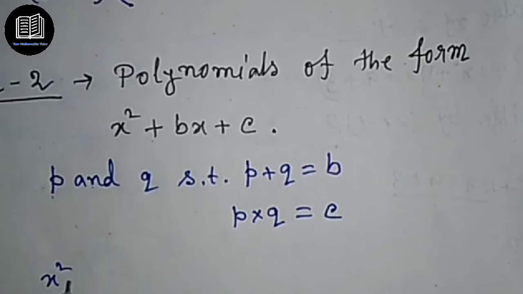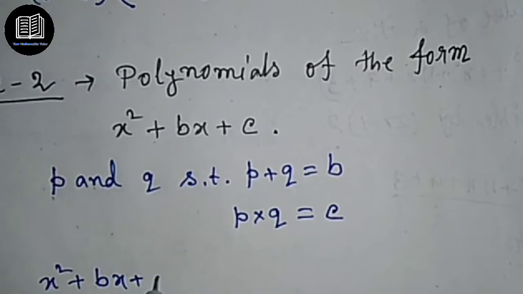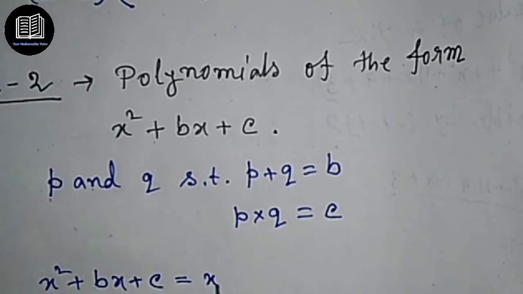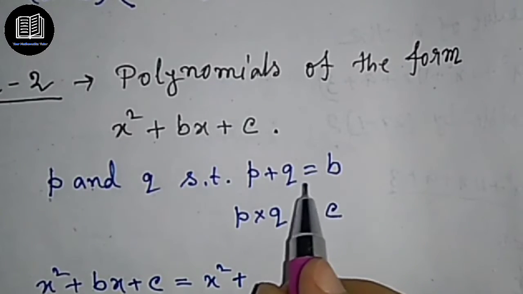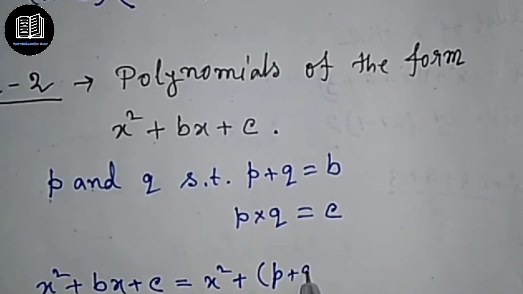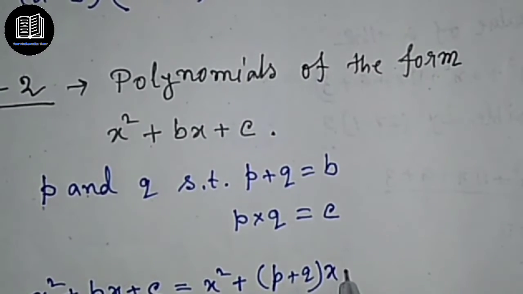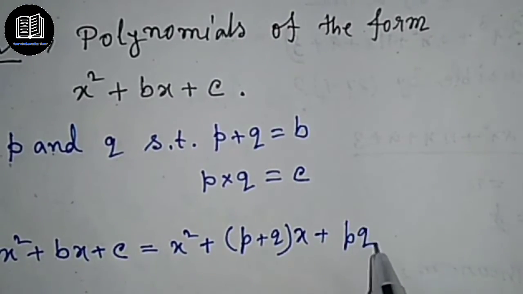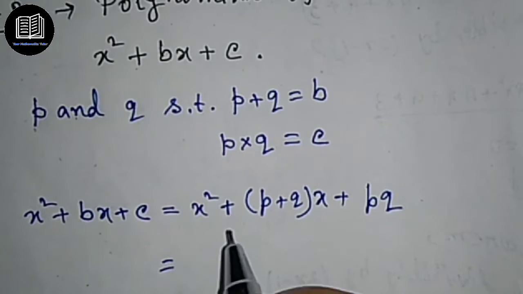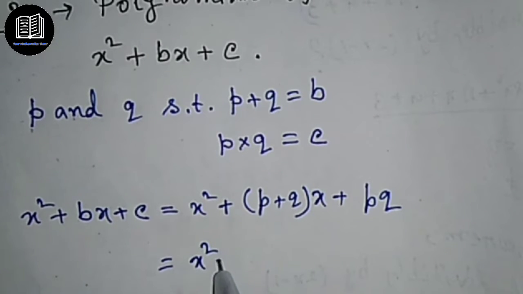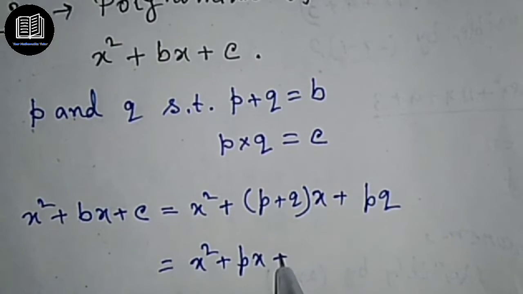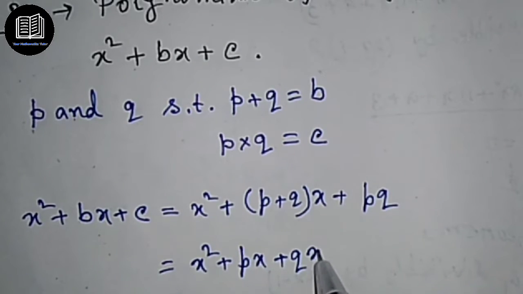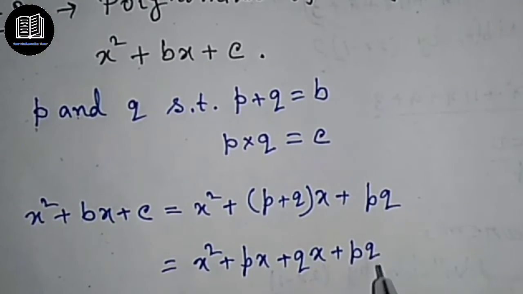Then the polynomial will become, b means p plus q and c means p multiply q. Splitting up, x square plus px plus qx plus pq.